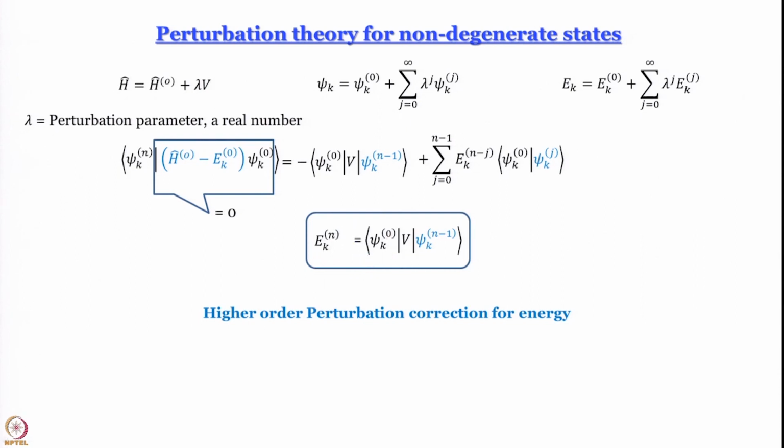That is not too happy a situation, and we want to see whether we can derive an expression which can do better than this. That is our quest for now, and then we will talk about the expression for the perturbed wave function. So, this is our higher order perturbation expression that we have derived.